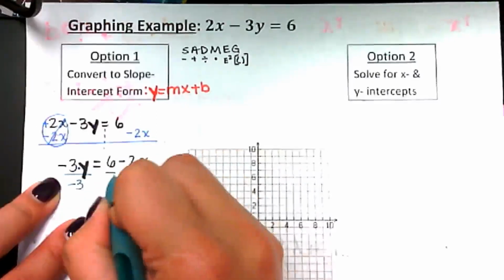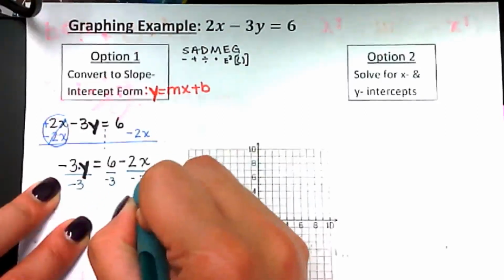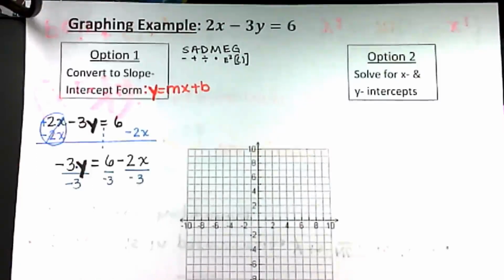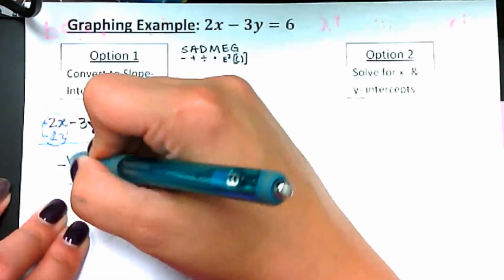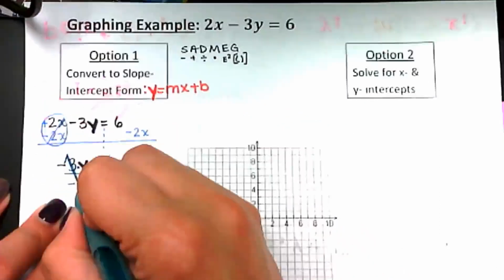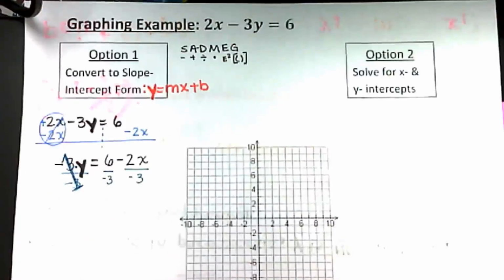And well, I do the same thing to the other side, to all of its terms. Now, negative 3 divided by negative 3 is our blue term. It would reduce to 1. Now, speaking of reducing, 6 divided by negative 3 could also reduce.